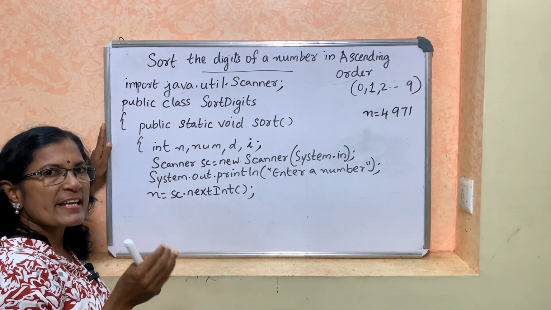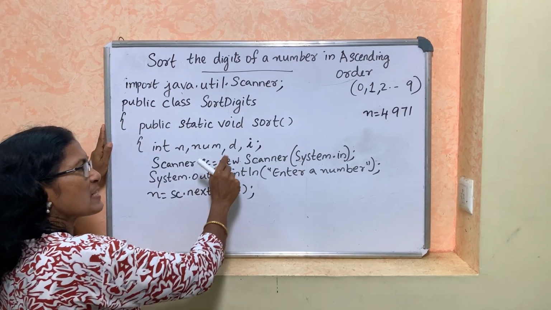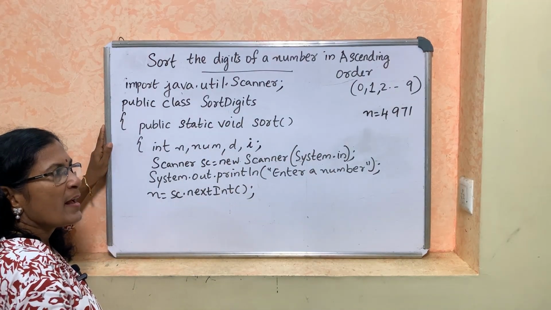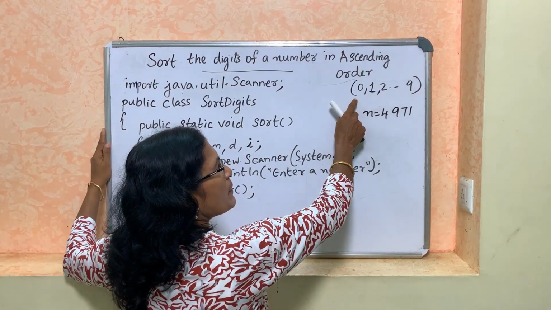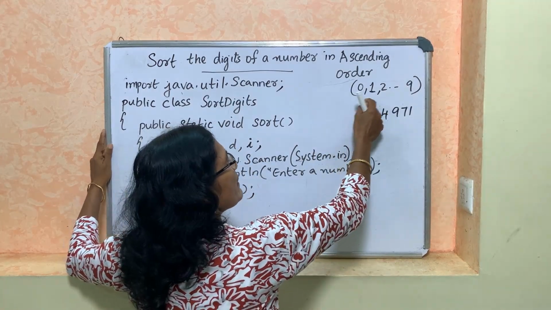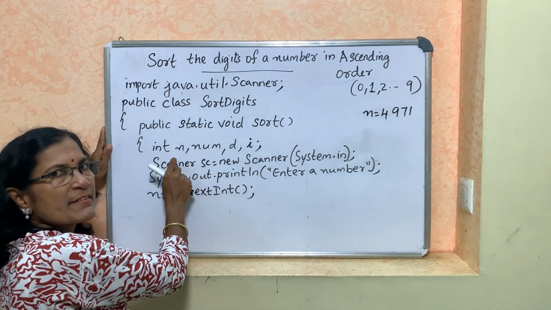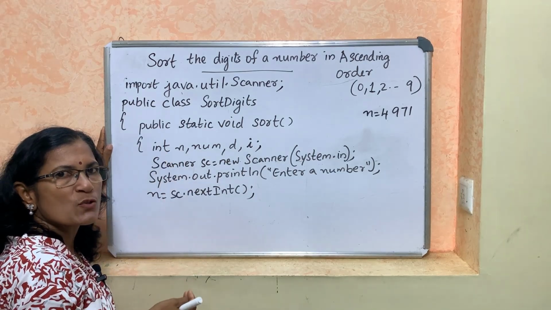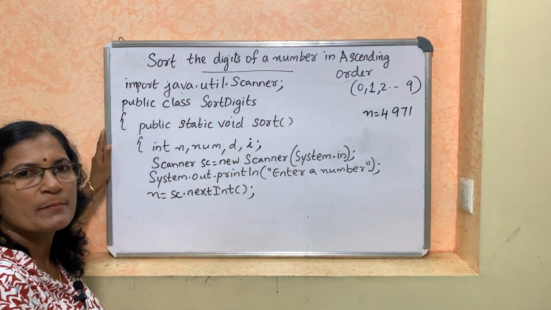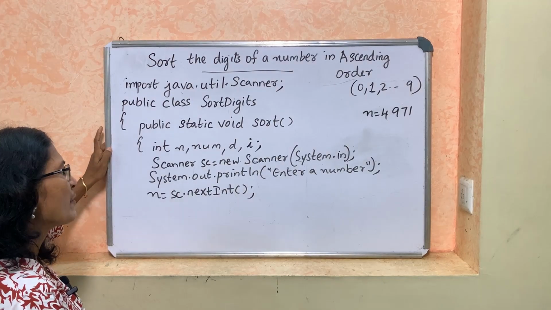When each digit is extracted from the number, to store the extracted digit, the variable d is used. As we have to take all the digits from 0 to 9 and check for these digits' occurrences in the given number, a loop has to be used. So, to control the loop, index variable i is declared.